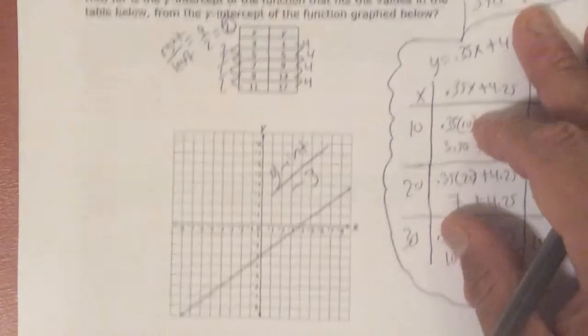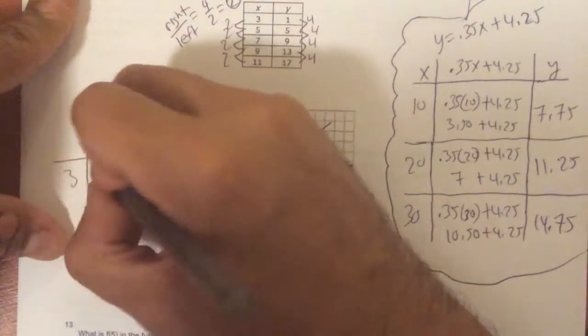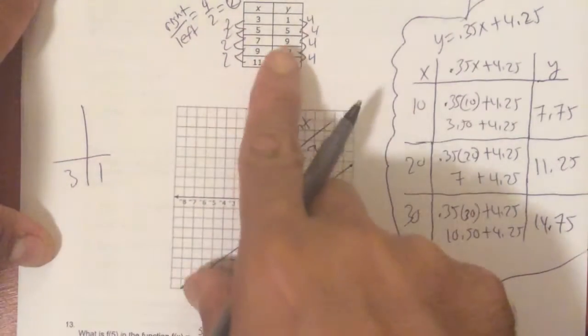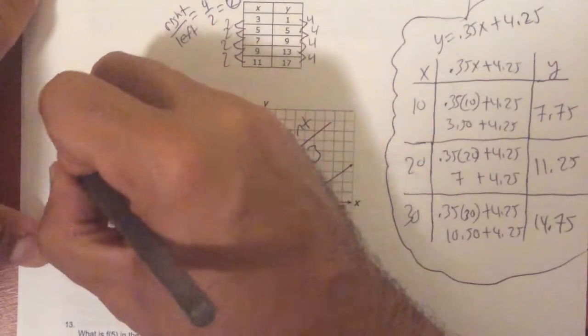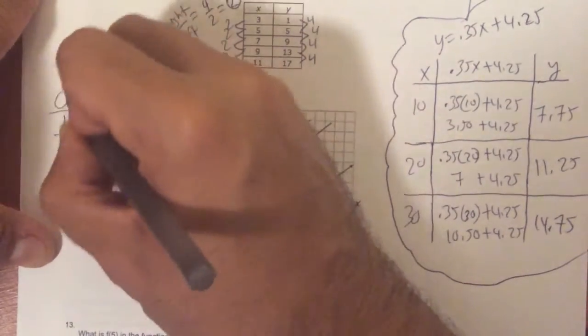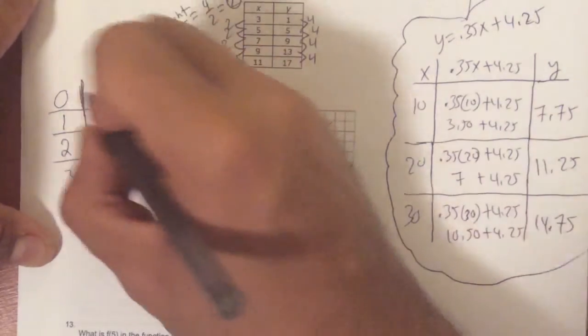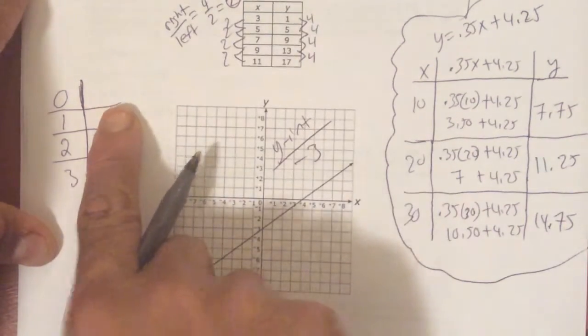Now what I'm going to do is continue from 3, 1. I took the very top part of the table and I'm going to continue. So I need to go to 2, go to 1, and then get to 0. I'm looking for the y-intercept, so I need to get to 0 and find the y value.